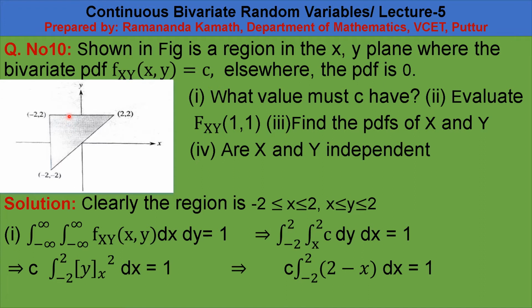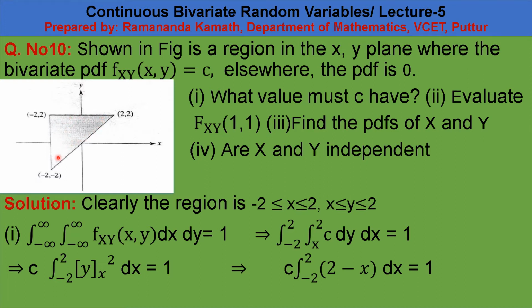Then the region will be only the shaded part. X alone is from -2 to +2. Y means it is x to 2. When you take both, the common region will be this shaded part.